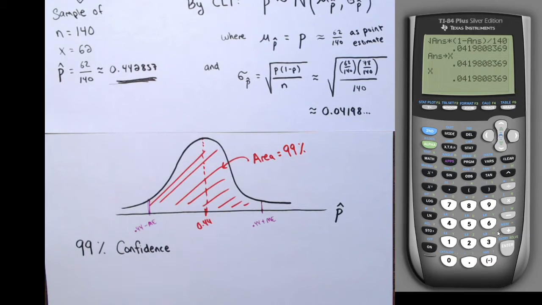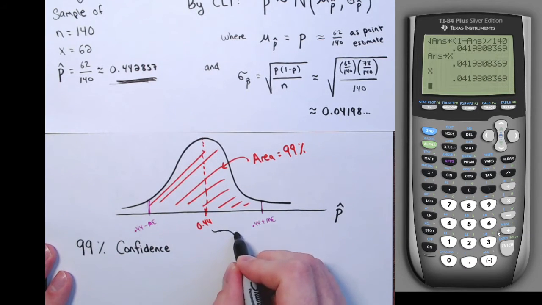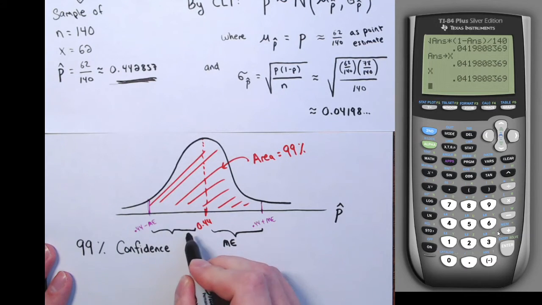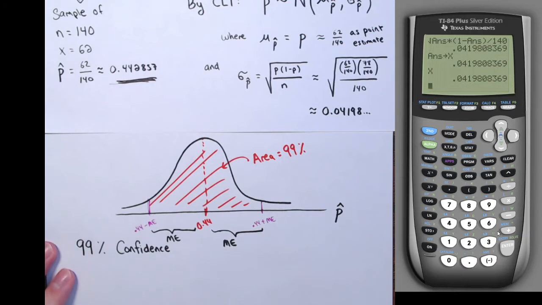Now, in order to figure out this margin of error, this distance here is the margin of error, and this distance here is the margin of error. In order to figure it out, I need a z-score.